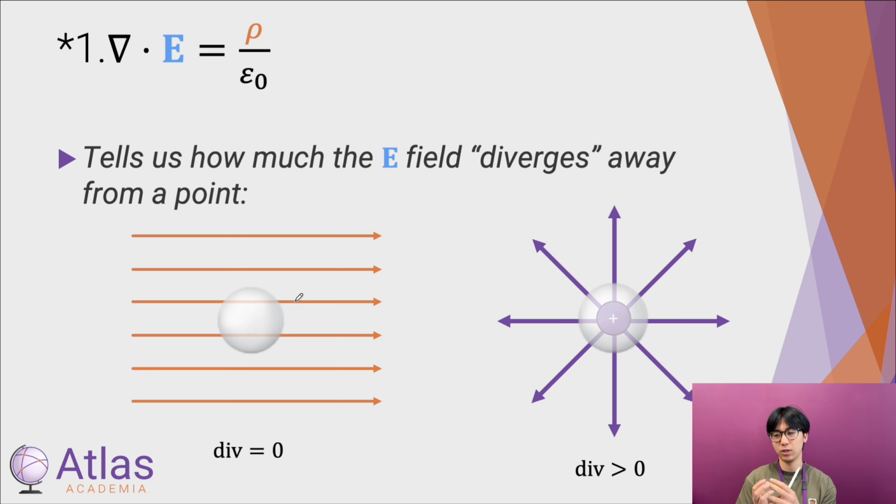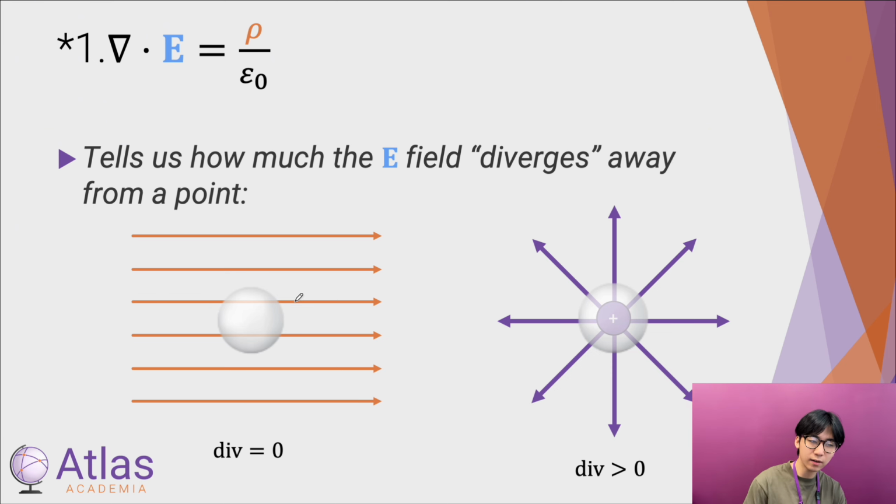Those field lines seem to diverge away from that point, and so really divergence is something that we can make sense of on a qualitative level. And really, all divergence is telling us is the extent to which the field lines diverge about the point. So if I have a divergence that is greater than another divergence, then that means that that field diverges at a greater extent.